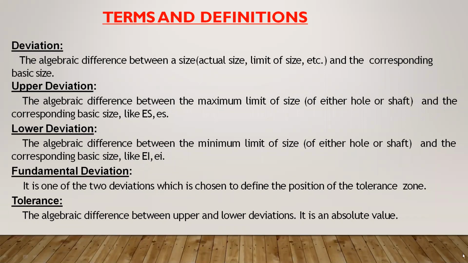These deviation limits can be between the actual size or limits of size, that is, the zero line also. So the axis line is called the zero line.